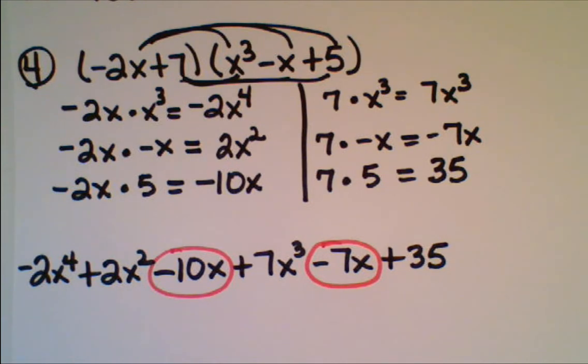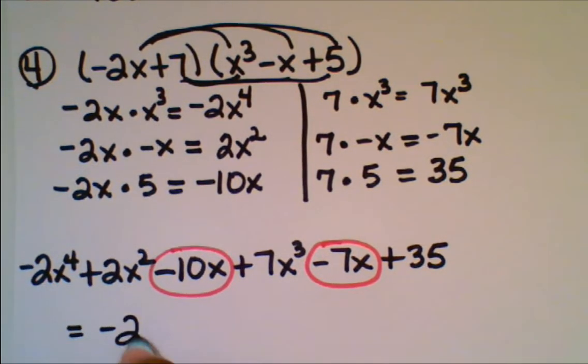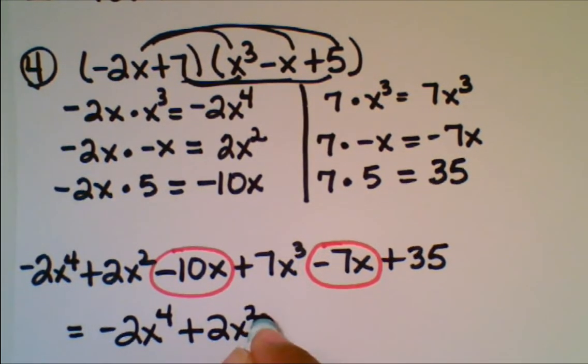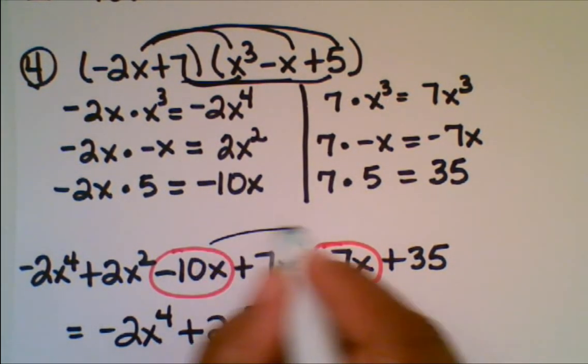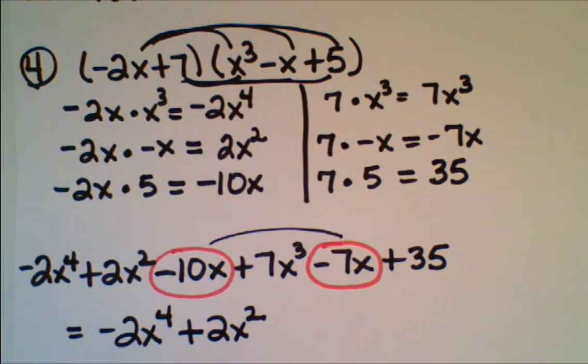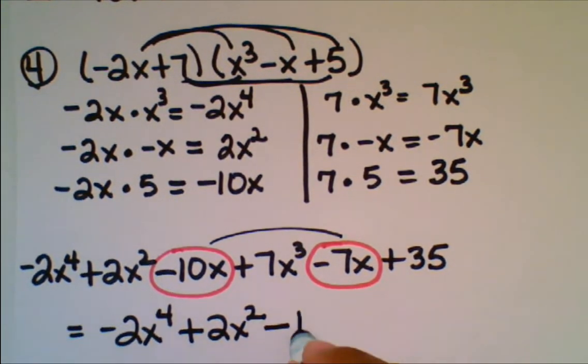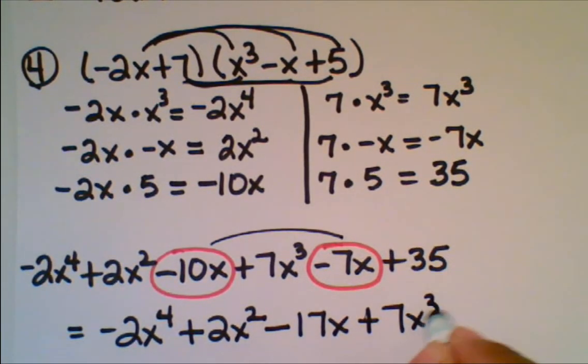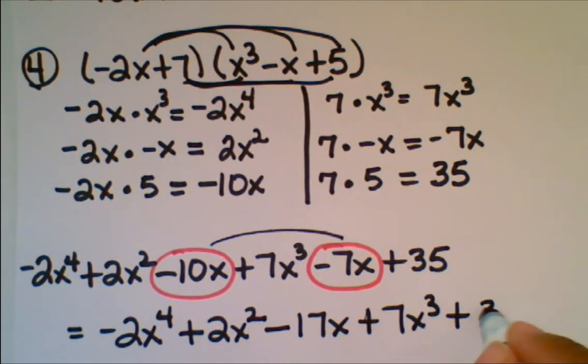You're going to tell me what is negative 10x and minus 7x. So we have our answer as negative 2x to the fourth plus 2x squared. Tell me what is the negative 10x and negative 7x. That will be negative 17x, then plus 7x cubed plus 35.